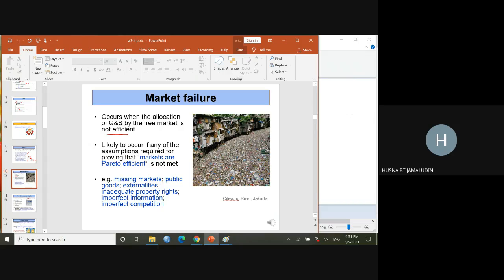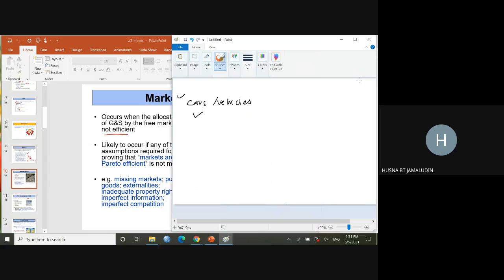Unless there is no people living in your area, you only have jungle and only animal living in that area, that is fine. You will not have market failure. But as long as you have people, they will definitely cause pollution or market failure, right?